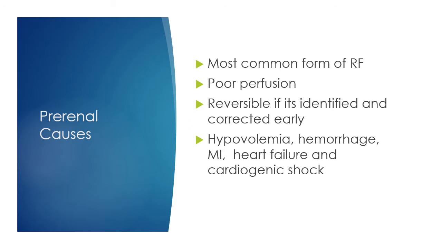So as I said before, prerenal causes are the most common form of kidney injury. Poor perfusion can be caused by hypotension, hypovolemia associated with hemorrhage or fluid loss, for example, in burns, sepsis, inadequate cardiac output, such as what happens in myocardial infarct, multiple organ dysfunction, anything that causes renal vasoconstriction, for example, NSAIDs or radiocontrast agents, renal artery stenosis or kidney edema that restricts arterial blood flow.